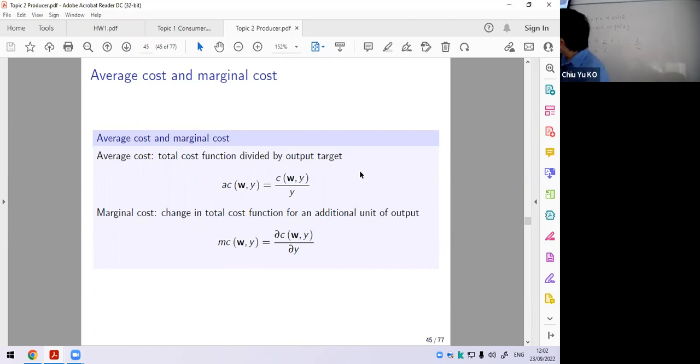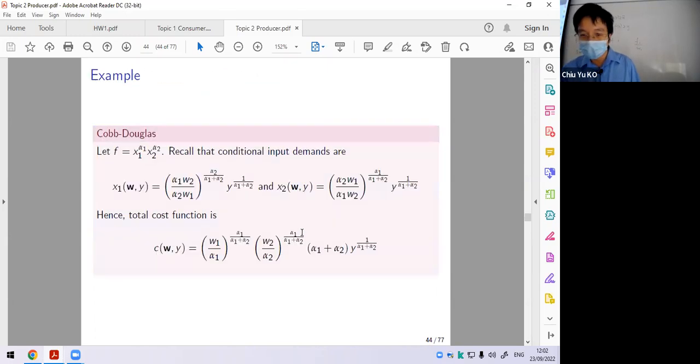Why we care about this is because when we do so many things, at the end we end up with a cost function. When we consider writing a model, we immediately start with the firm's cost function without talking about production technology. When you write a model, we just start with, okay, this is the production function, this is the cost. And you have to know how it comes in. Here I'm just telling you that it comes from production technology, the same idea as when we talk about preference and utility.